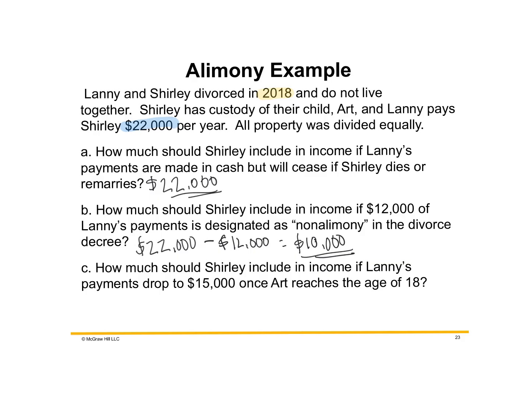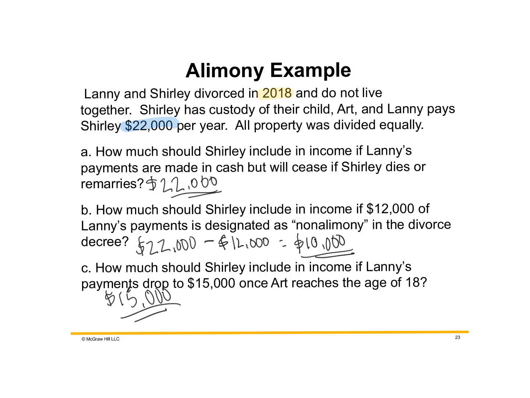So, if we know the payment drops to $15,000, that would mean $15,000 is now our new amount to be includable in gross income as alimony.